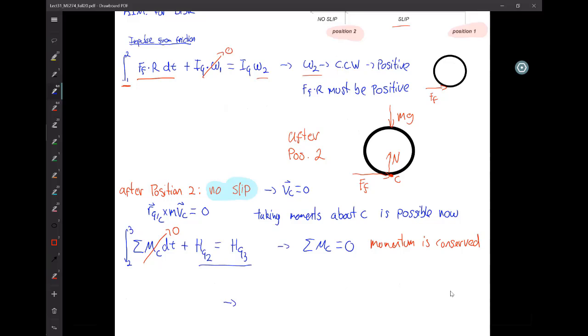Okay, so here there is a mistake from the professor, which is this. This should be about point C, not about point G. Okay?